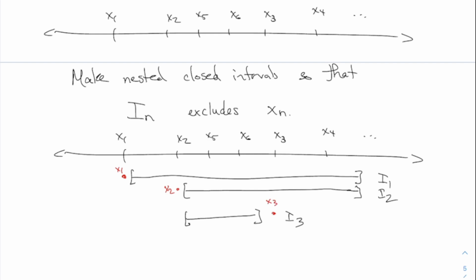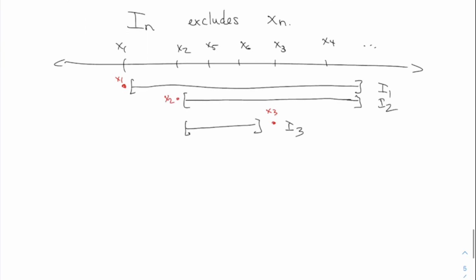The next one needs to exclude x4. Sometimes as you're doing this, you'll notice the point is already excluded, like this interval here already excludes x4. Then I would just keep it the same. That's fine. So this is I4, which excludes x4, which was already being excluded anyway.